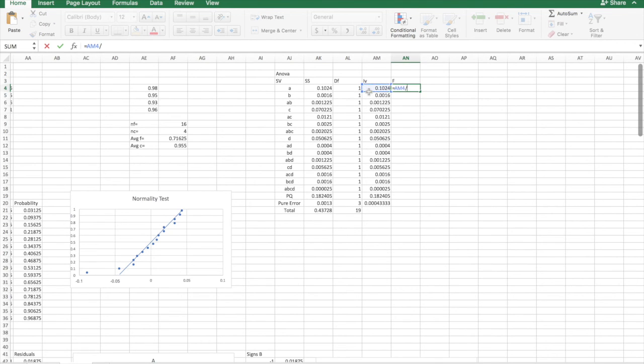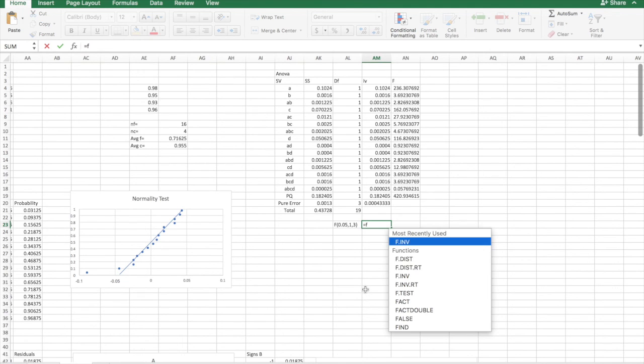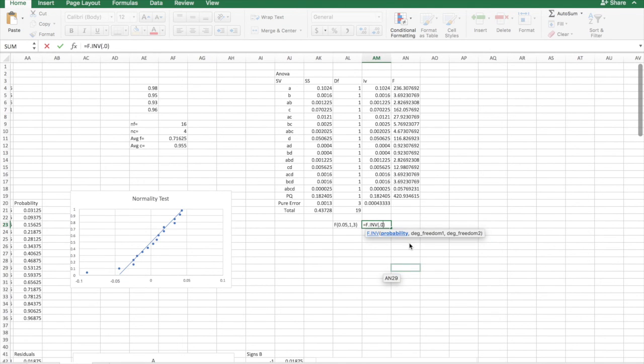This one over this one, and this one has to be, okay, I know what. So it's this. And then the F, we calculate the F for 0.05 with 1 degree of freedom, and then the error now has 3 degrees of freedom. And so this one is going to be F inverse 0.05, 1, and 3.